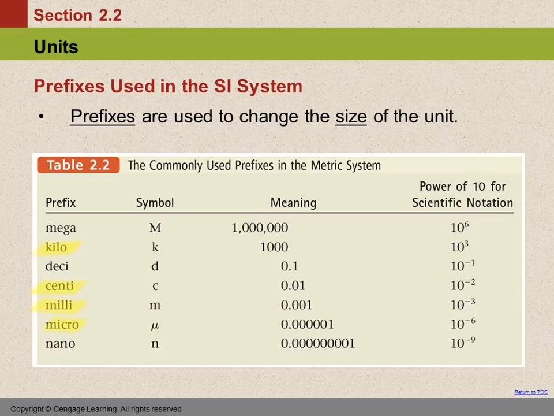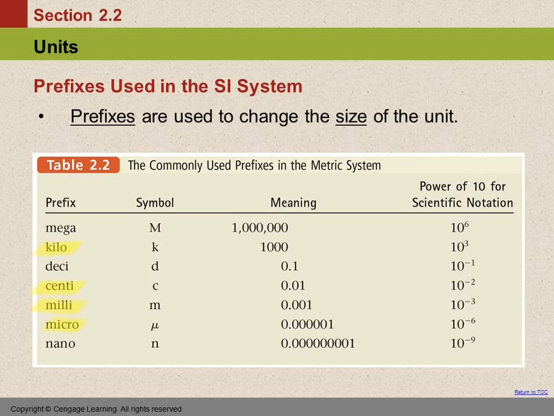So we need to know the mathematical meaning of the prefix. We need to know its symbol, and we need to know its name. Okay? So the meaning can be expressed as a decimal number or as a power of 10. I personally think the powers of 10 are easier to remember.